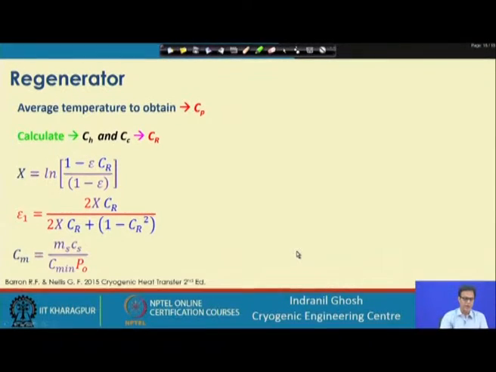So, once we know that, we will try to find out the CM, the matrix capacity rate ratio.